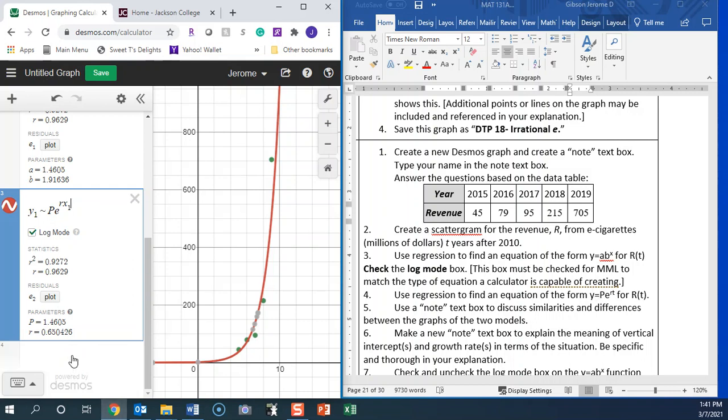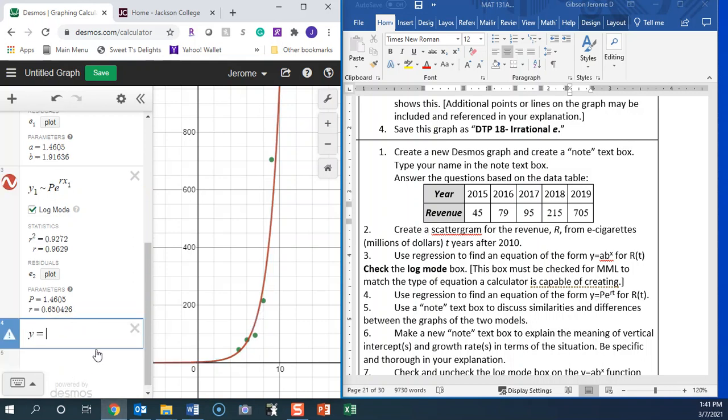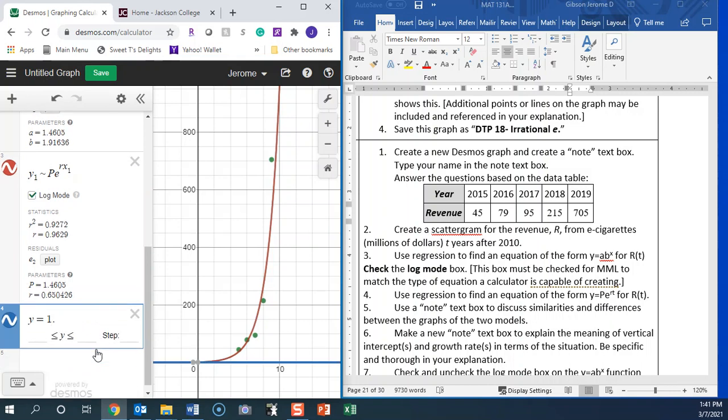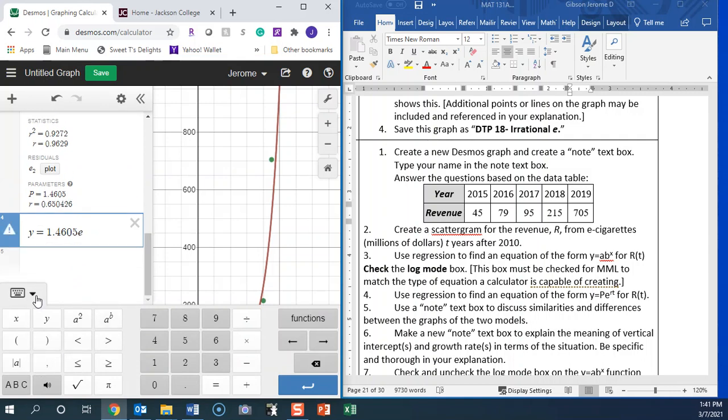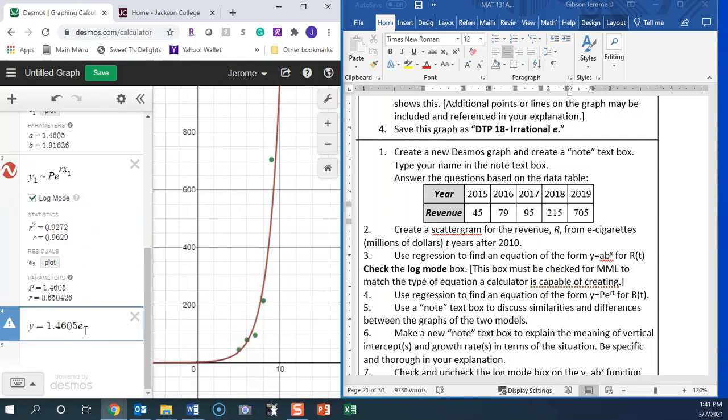You would type in y is equal to the P value, because it doesn't tell us to round to a certain amount of decimal places, will be 1.4605, and then your E will remain E, and then your R is given to you. So we would take this to the R power. Now I probably would just round to 4 decimal places since we have that here.